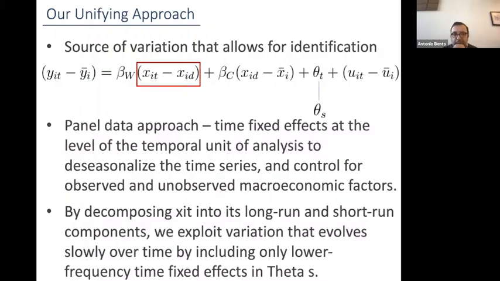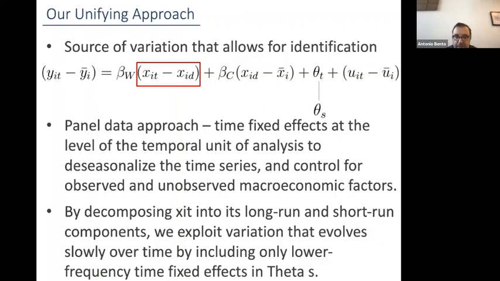So let me make one further point here, which is note that in the panel data approach, the time fixed effects are at the level of the temporal unit of the analysis to demean the time series.